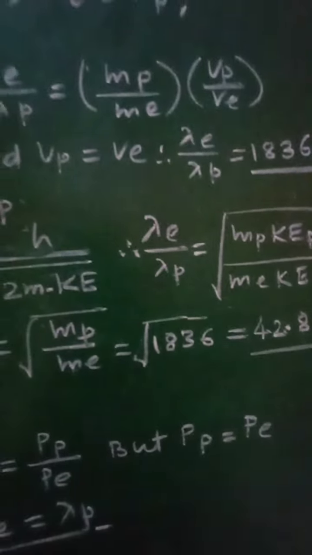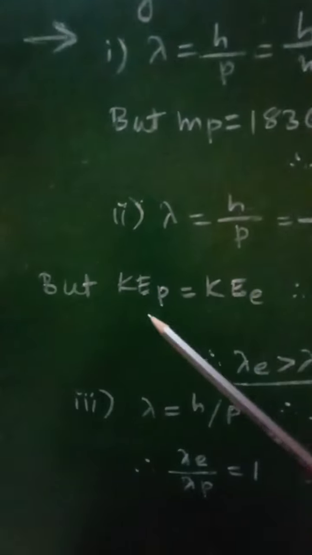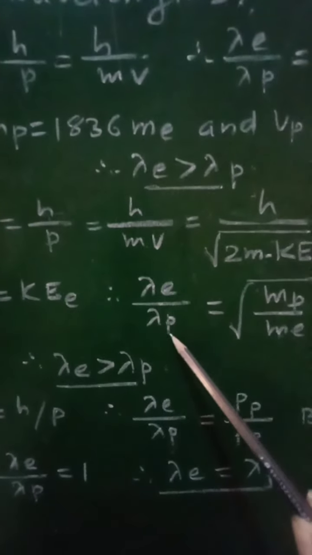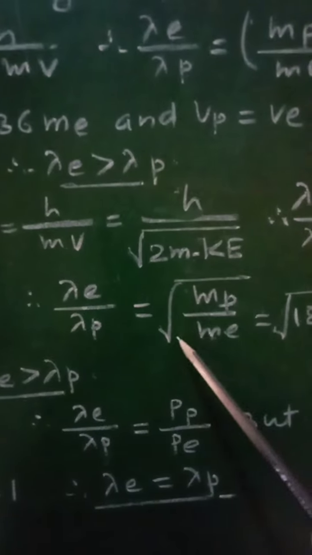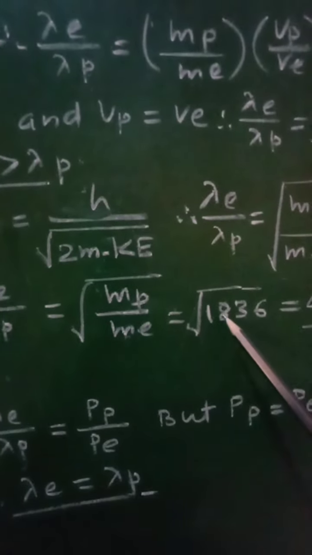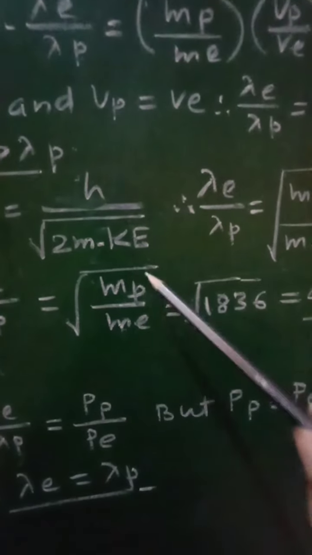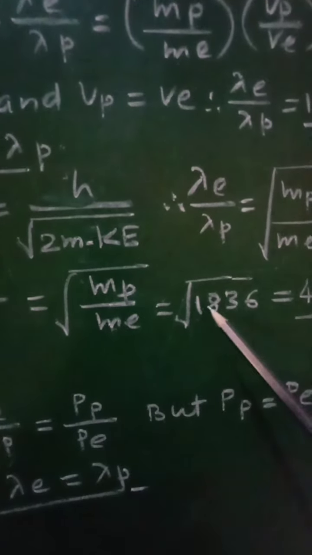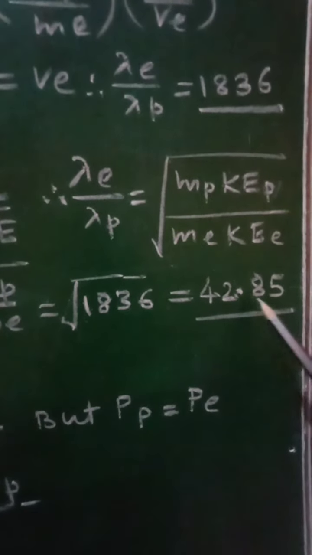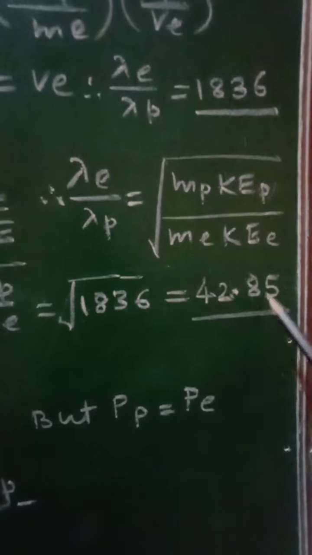Therefore, we can write square root of m_p into K_p upon m_e into K_e. But here K_p is equal to K_e. In the second case, kinetic energy for proton and electron is the same, and therefore lambda e upon lambda p will be equal to only square root of m_p upon m_e, that is square root of 1836, which comes out to be 42.85.